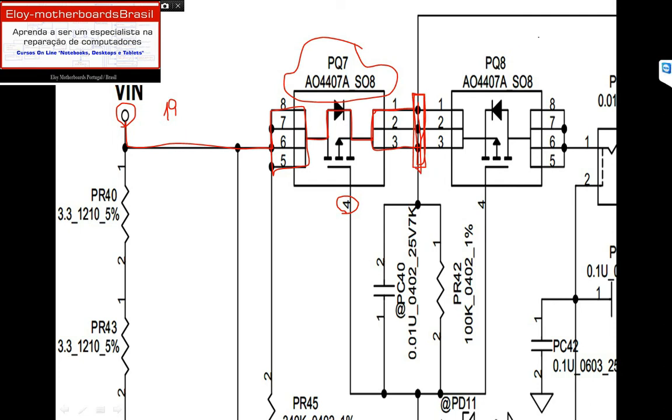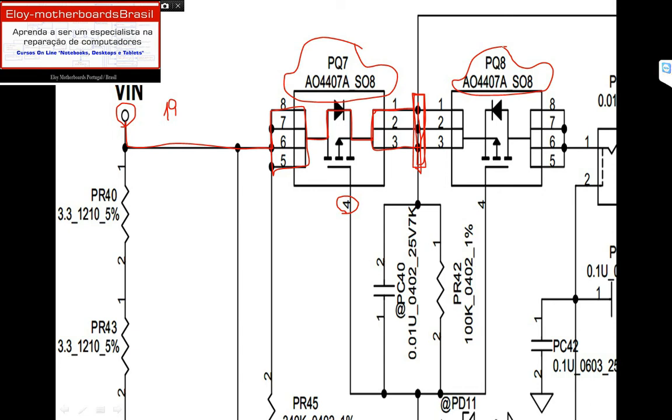And then we have PQ8. Look here, as you can see, PQ7 and PQ8, the MOSFET is the same, AO Alpha and Omega 4707, the same MOSFET.